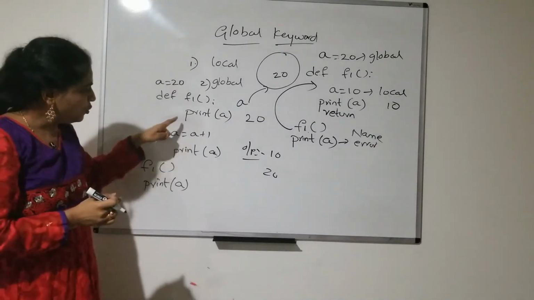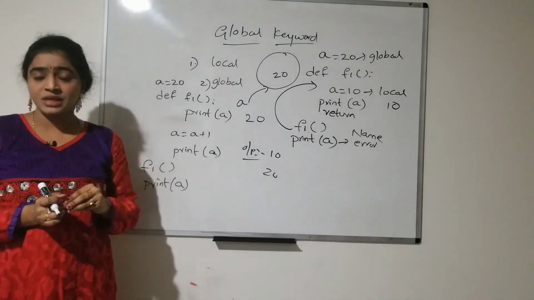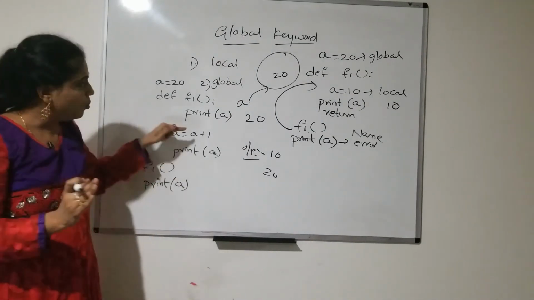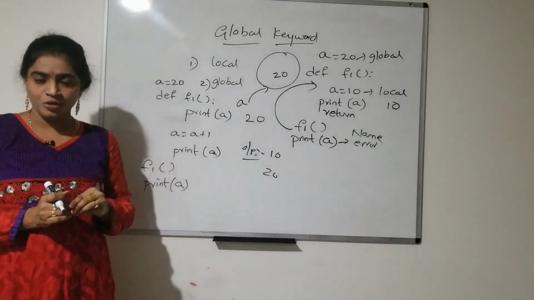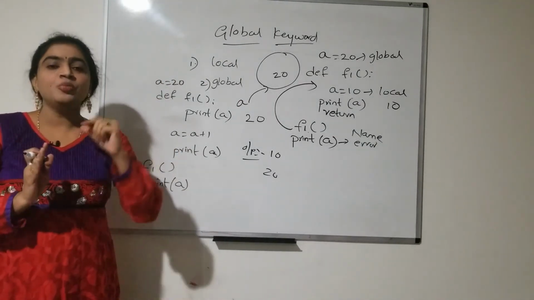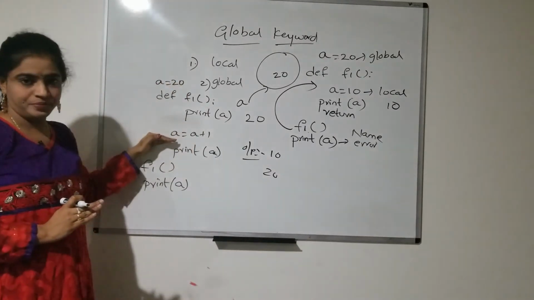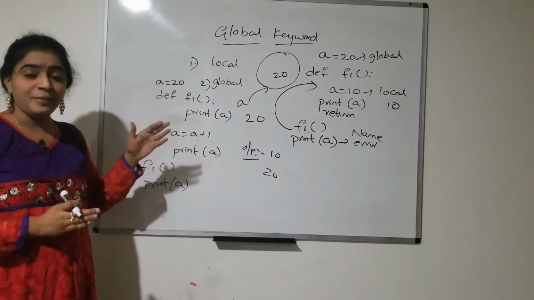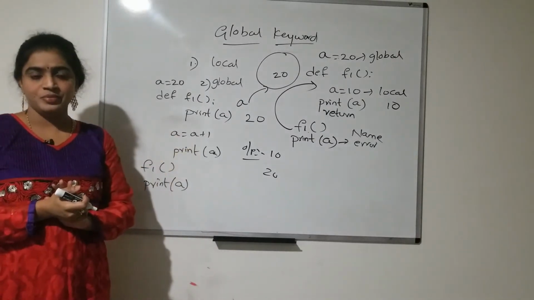If you do this, you will get an error message because it is not possible to modify the global variable from the function. But my requirement is to modify that value.